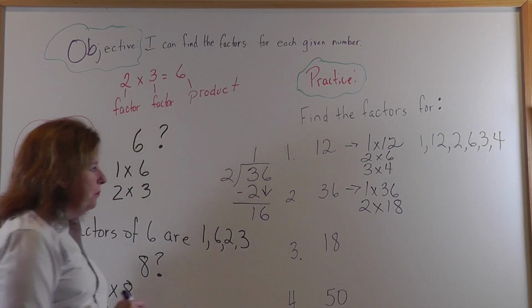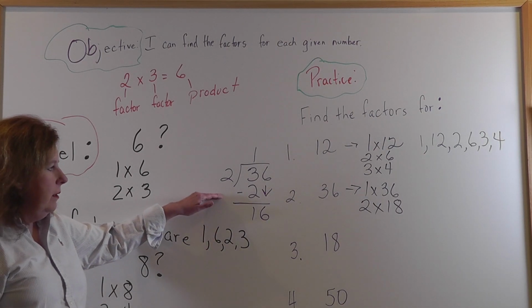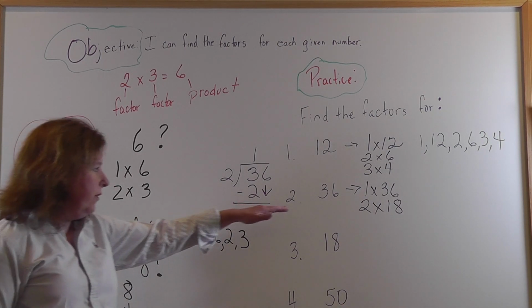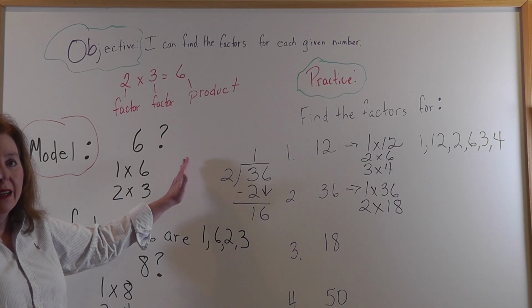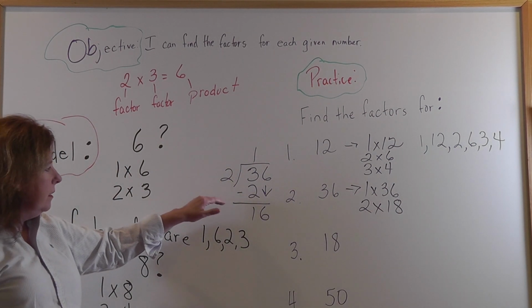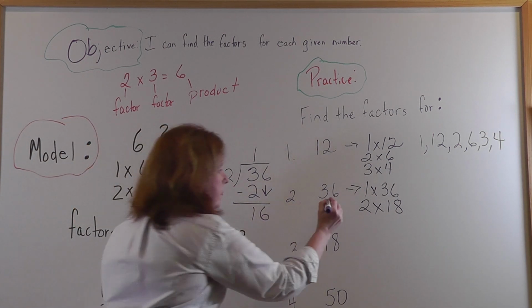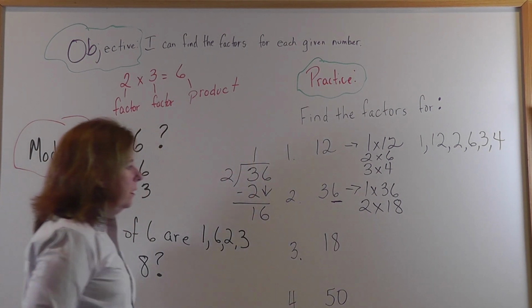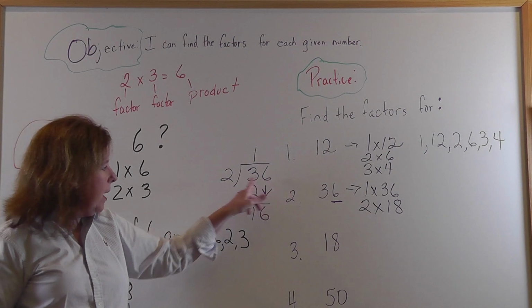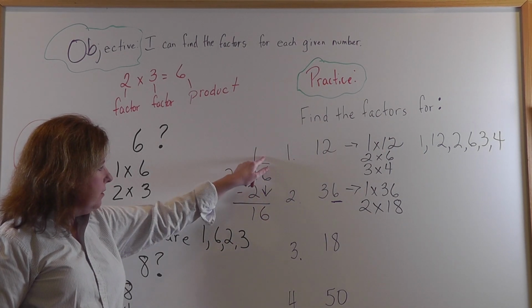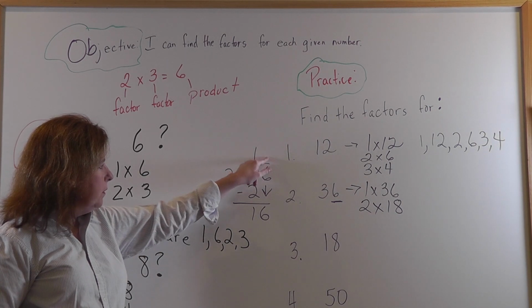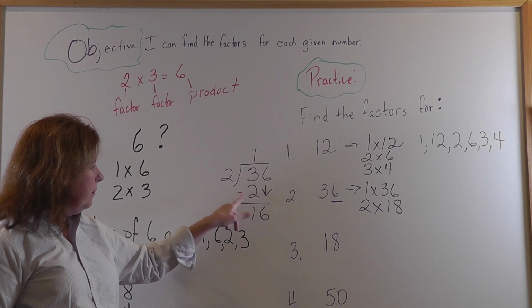Now you need to know division in order to figure out all your factors. You need to know how to divide, because if it's an even number, you can always divide by 2 to get another factor. So 2 times this number will give me 36.